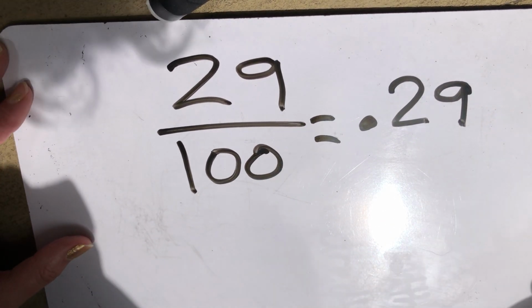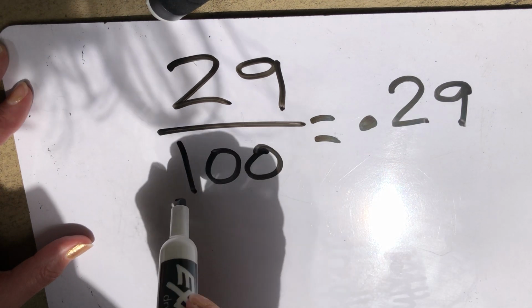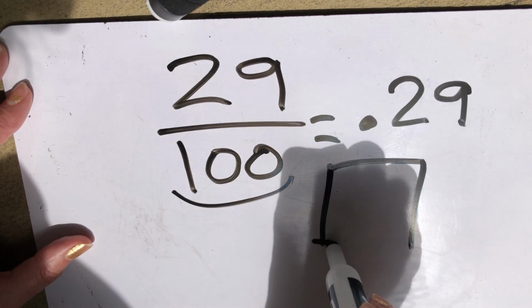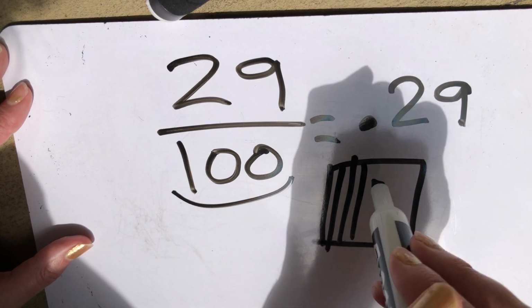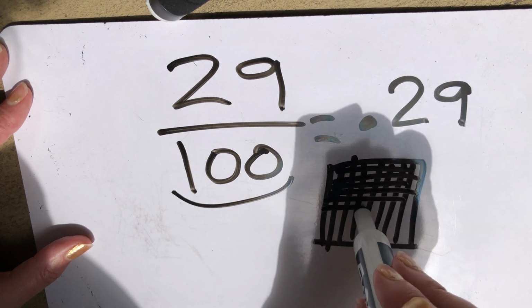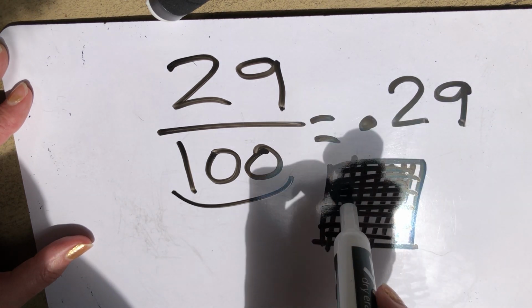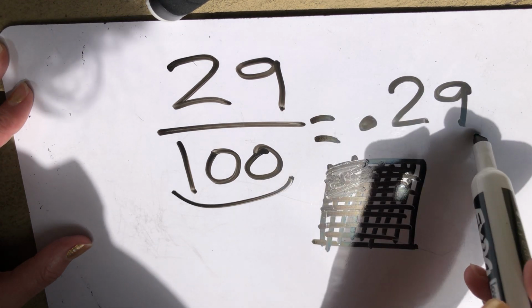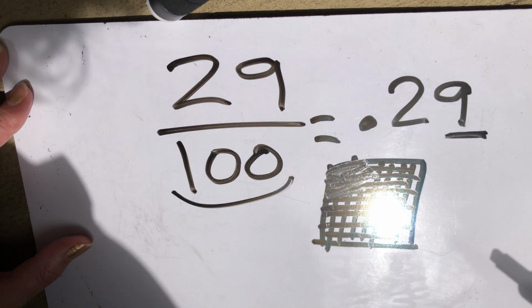Why wouldn't you say 29/10? Well, we know that this is hundredths and this is out of 100, which this would be a flat. And if it was divided into 100 pieces, 29 would be shaded in, so it's 29 out of 100. And also this is the hundredths place.